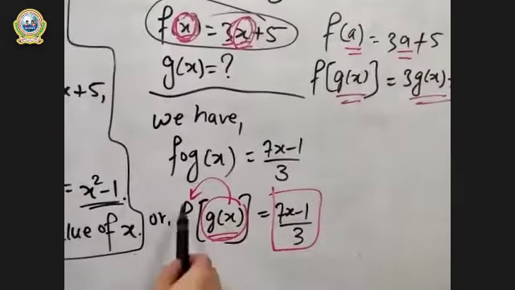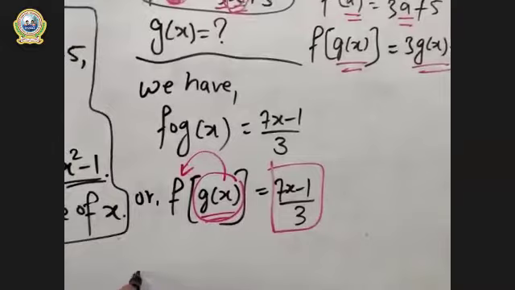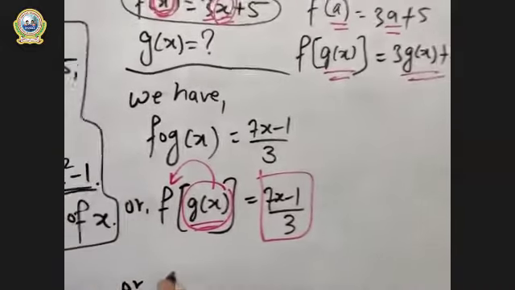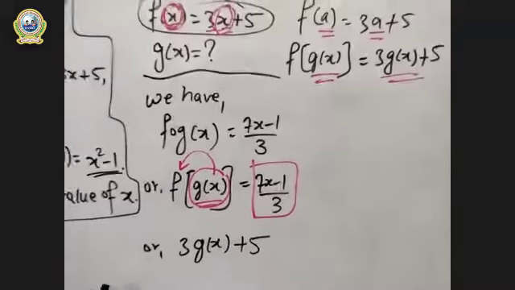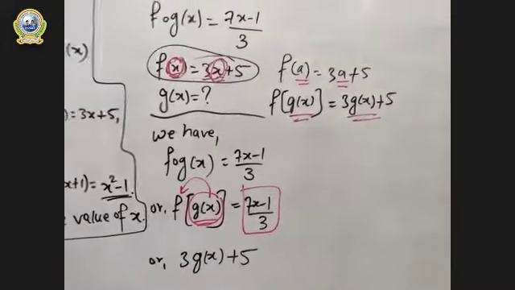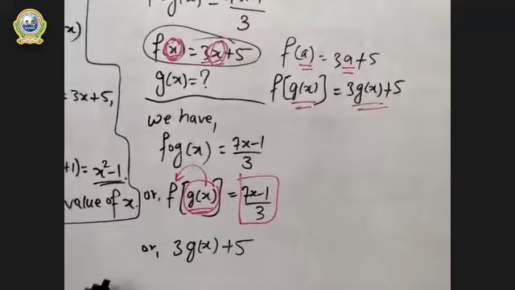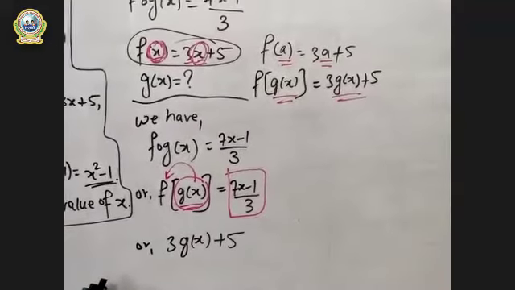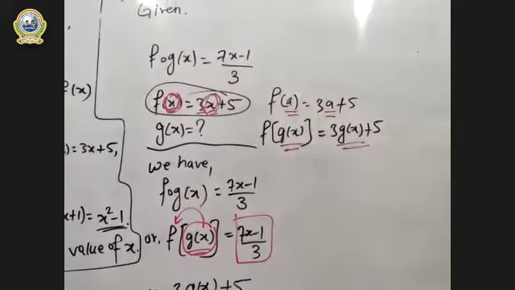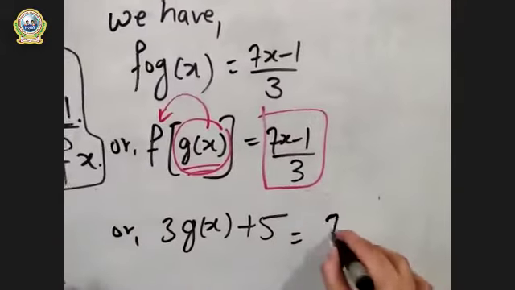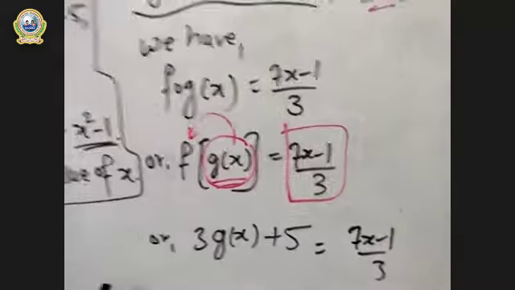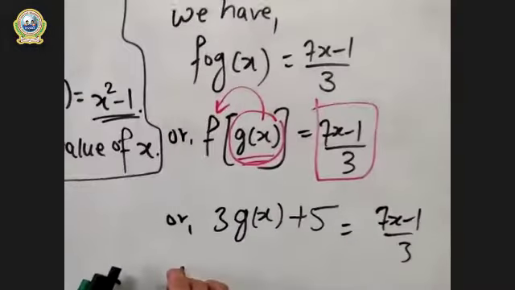So g(x) inside f, it will be 3 times g(x) plus 5. You are getting it right? We are just replacing x by g(x). Is this clear? This is clear, right? So our right hand side is as it is, (7x minus 1)/3. I think this is now very easy to solve, right?